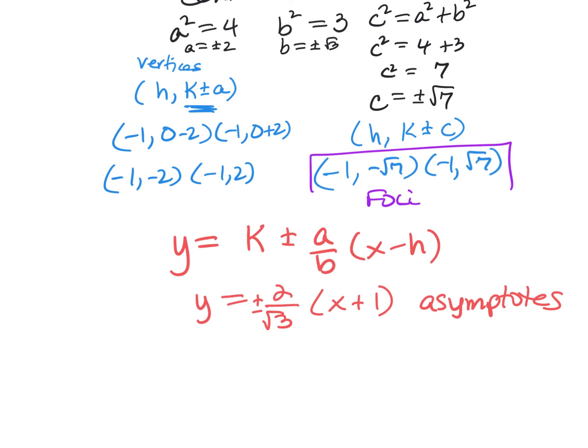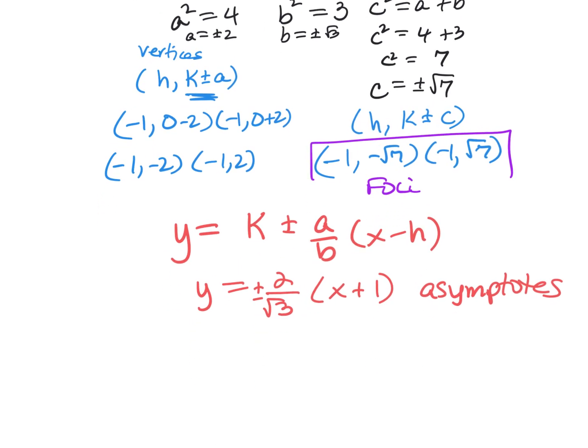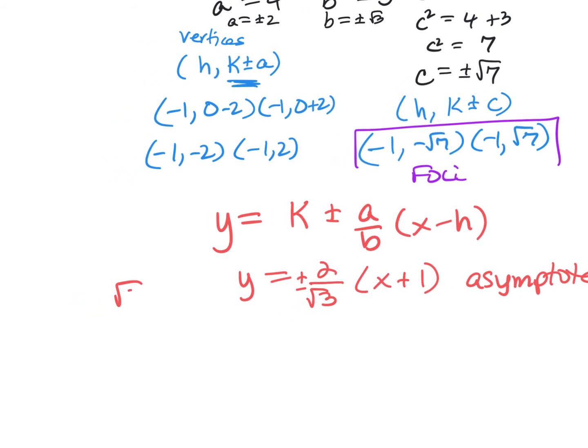Now, what I'm doing here is, square root of 3, if you think about it, is between the perfect squares 1 and 4. Square root of 1 is 1, square root of 4 is 2. It's closer to the 4, so I'm going to say square root of 3 is about 1.7.